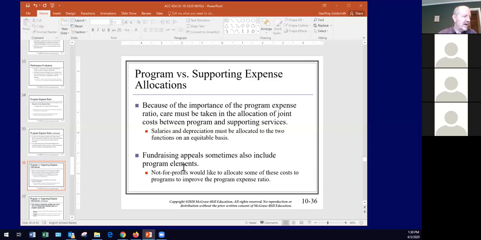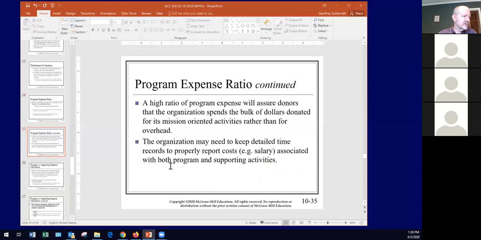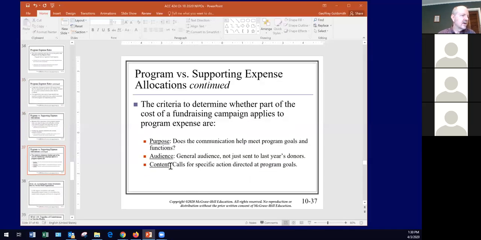So some nonprofits would like to say that their fundraising appeal is actually program rather than supporting service. So what's the criteria? Does the communication help meet program goals and functions? Who's the audience? Is it a general audience, not just last year's donors? And what's the content?